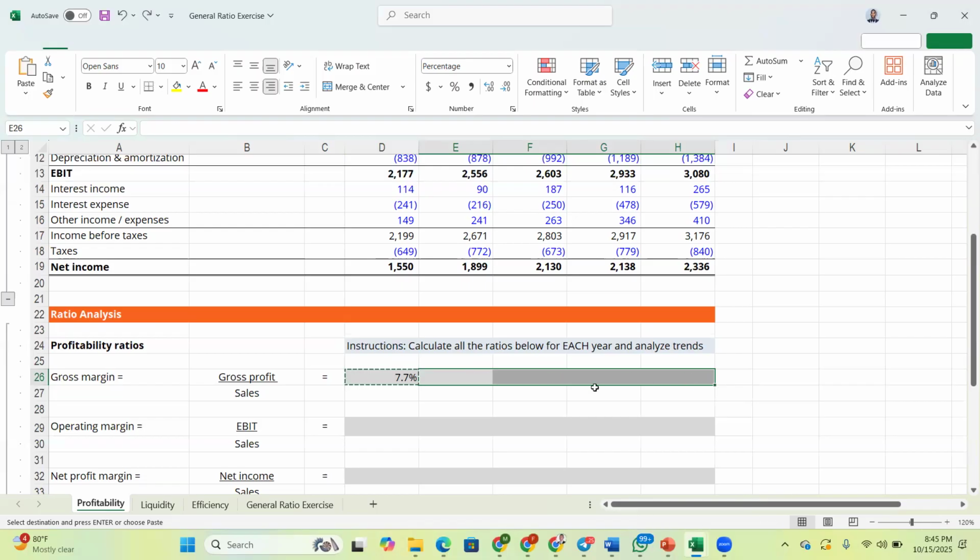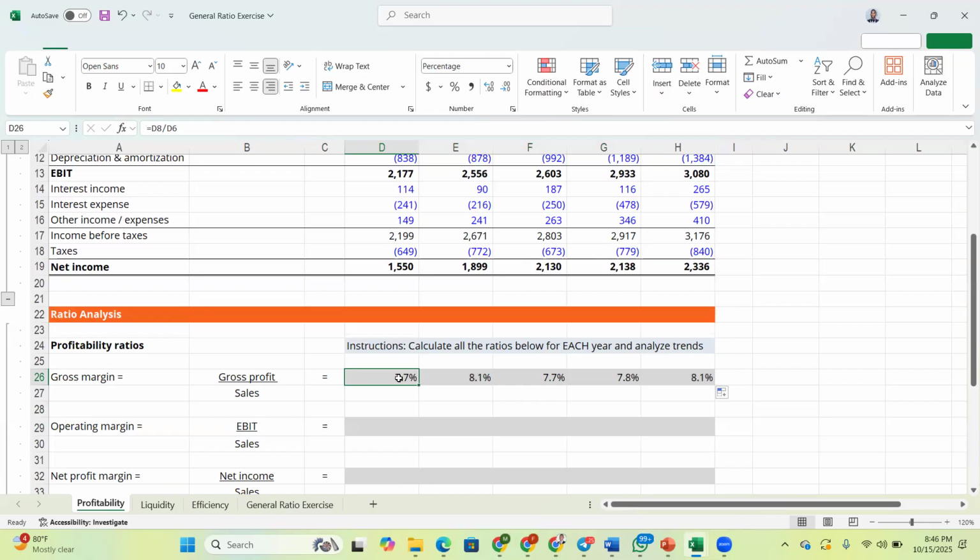Number two is to click on what you want to copy. You will see at the lower end a dot at the edge of the cell. Click on that and drag to the left.